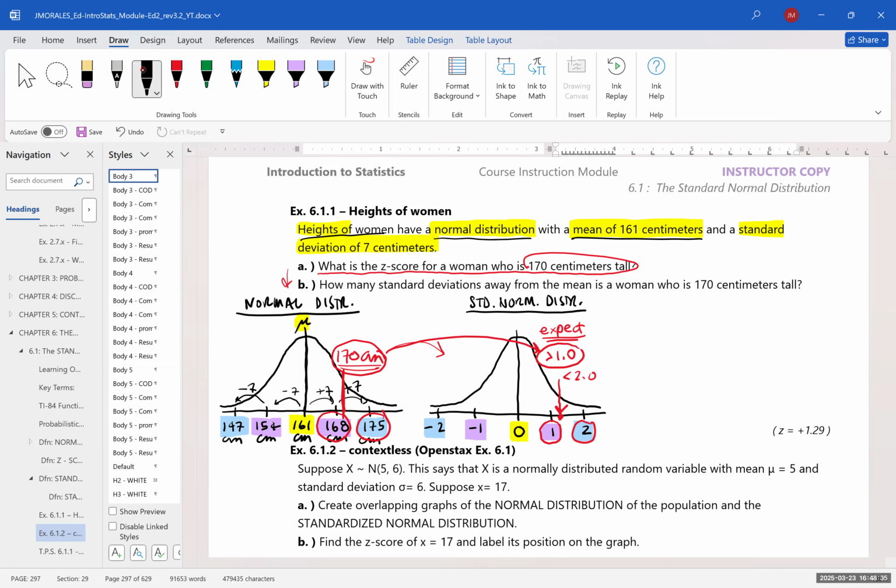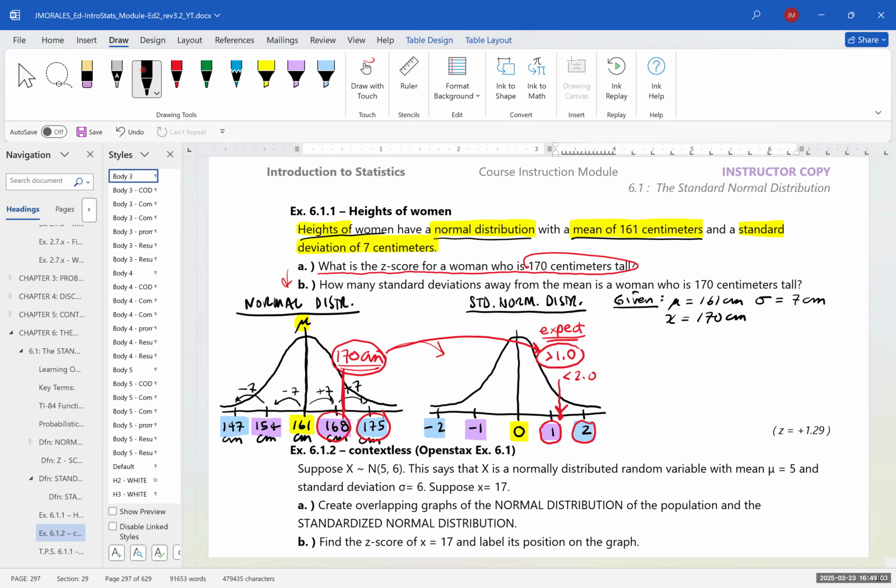So let's go ahead and do the calculation here. Again, let's always put down what our given information is. We've got a mean of 161 centimeters, standard deviation of 7 centimeters, and our value of x is 170 centimeters.